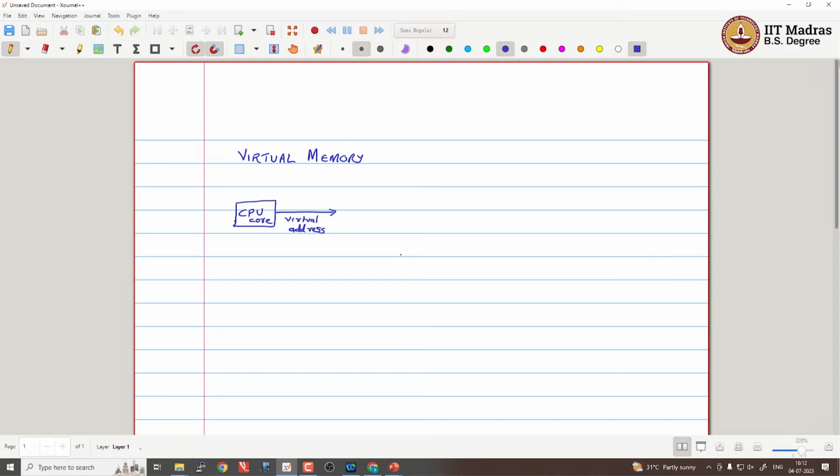Okay. Now the memory management unit, or the MMU, uses a sequence of page tables, typically a hierarchy of page tables, to convert the virtual address to a corresponding physical address.